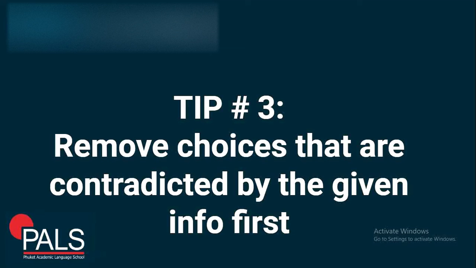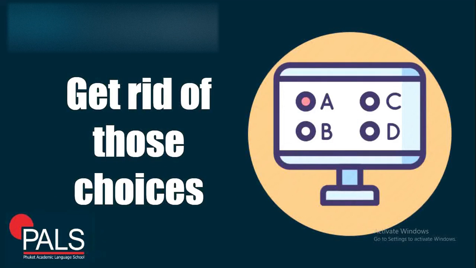So the first approach for a multiple choice question is to get rid of those opposite options, or contradicting options, right? Again, this applies for multiple choice questions. All right, get rid of those choices.